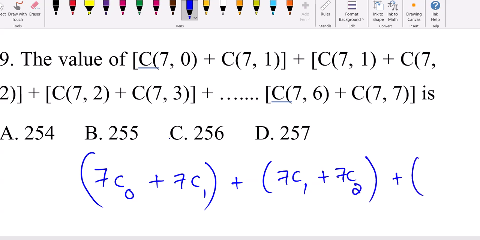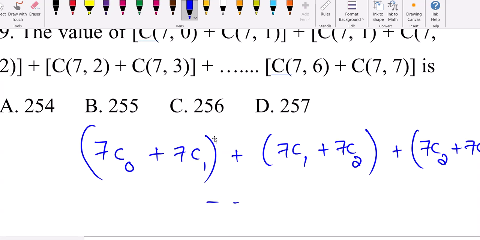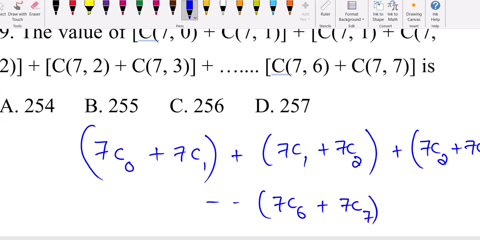Next one, 7C2 plus 7C3, and so on, up to 7C6 plus 7C7. This value you need to find.